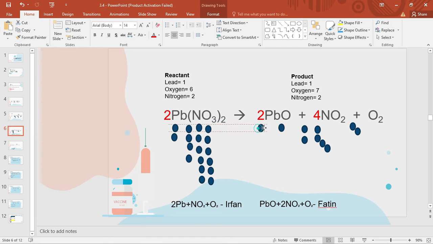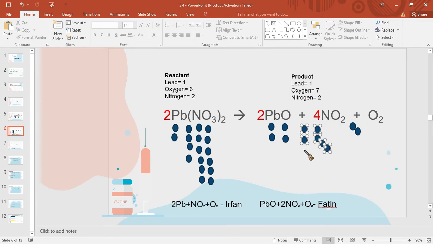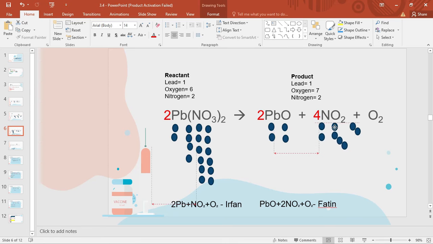Same goes for here, Pb will increase by 2, so 2 Pb, 2 O. Nitrogen we got 4. O2 will become 8.